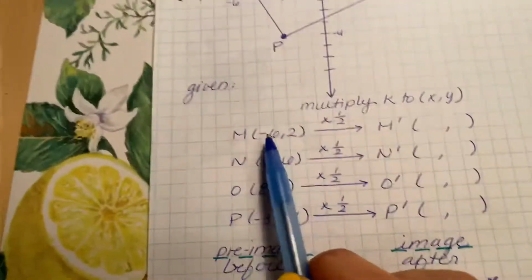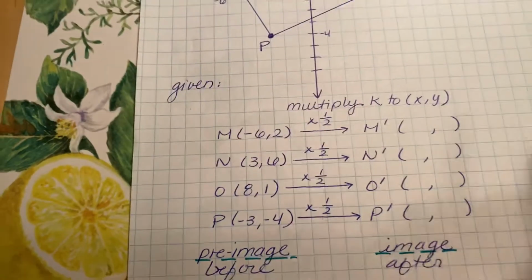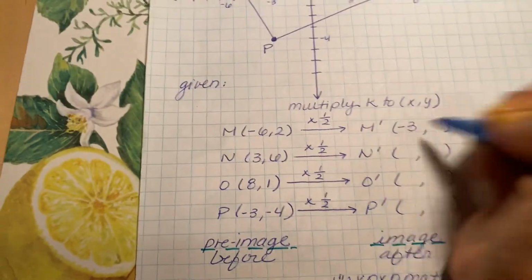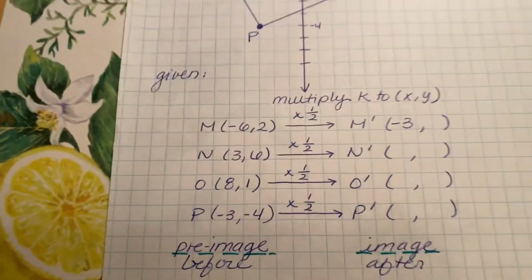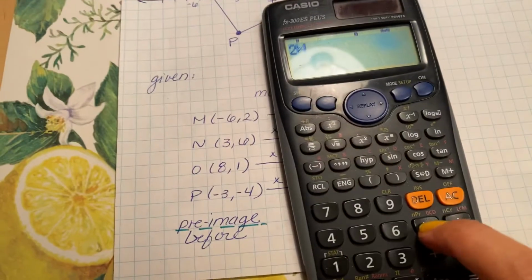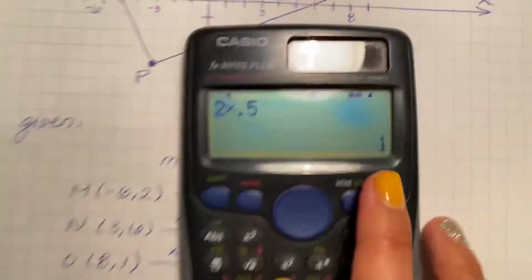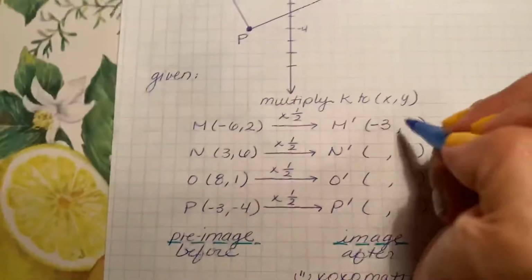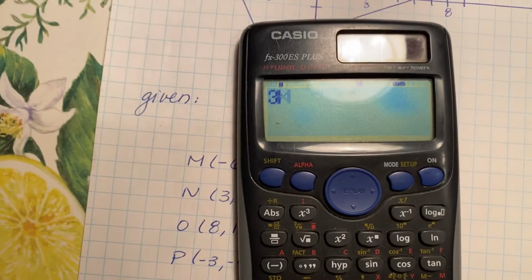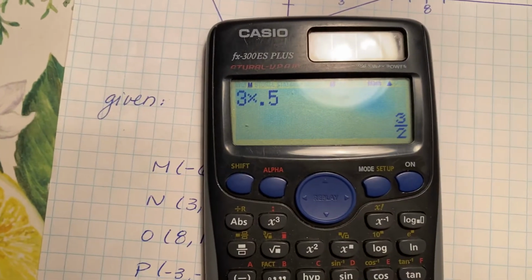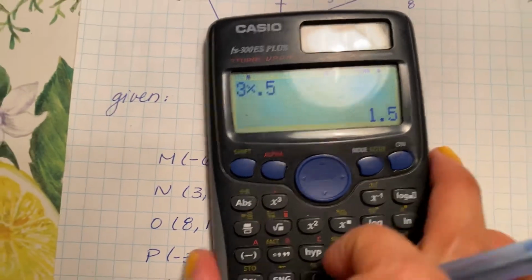Okay. All right. So -6 times 1/2. What's 1/2 of -6? -3. 2 times 1/2. What's 2 times 1/2? 1. What's 3 times 1/2? Right, you should know how to do that. 1.5. 3 times 0.5 is 3/2, which is 1.5.